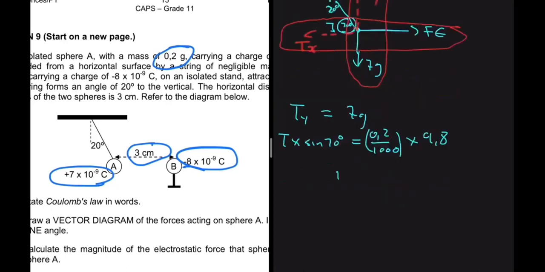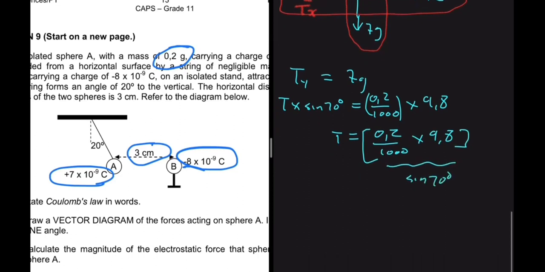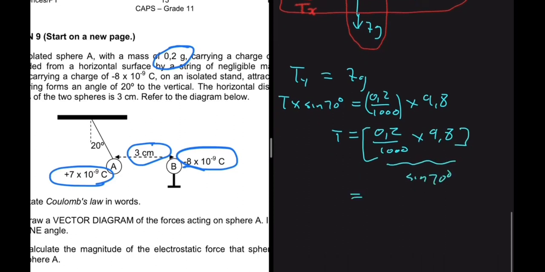So now we can say that the tension is equal to 0.2 divided by 1,000 multiplied by 9.8, and then everything divided by sine of 70 degrees. We're simply dividing both sides by sine of 70 degrees. And the tension should be equal to 2.0857 times 10 to the minus 3 newtons.